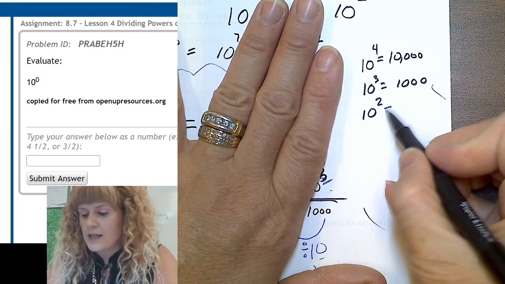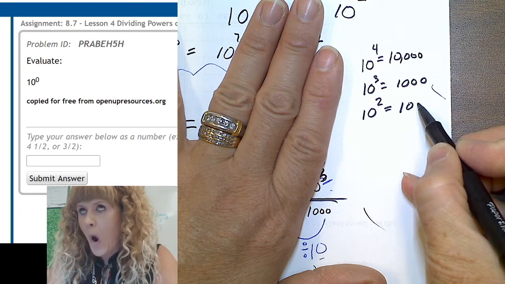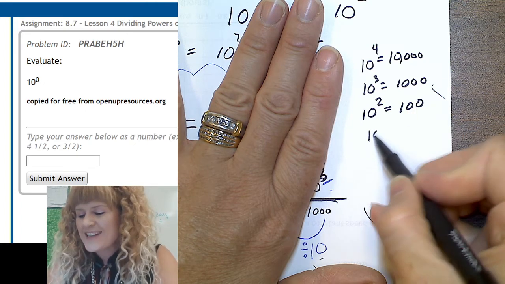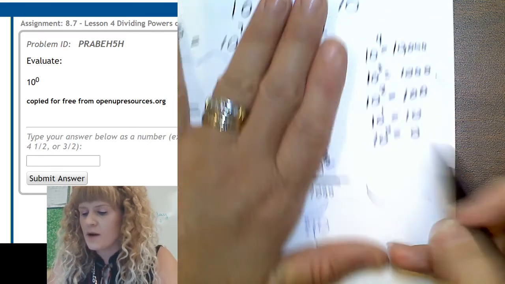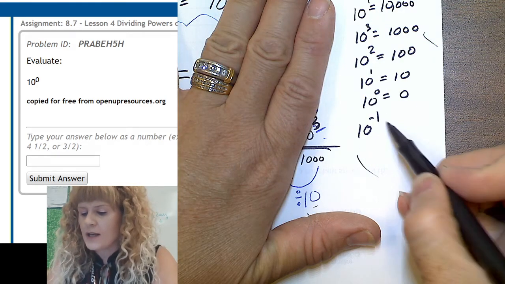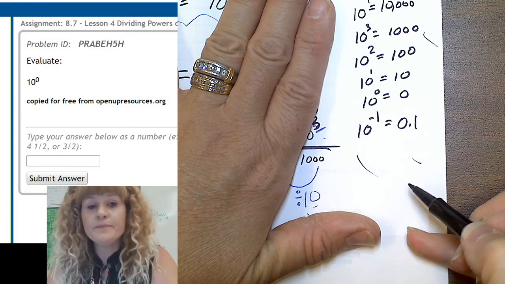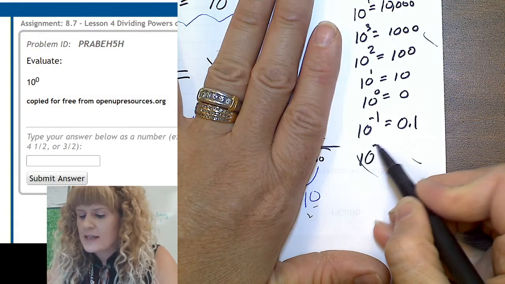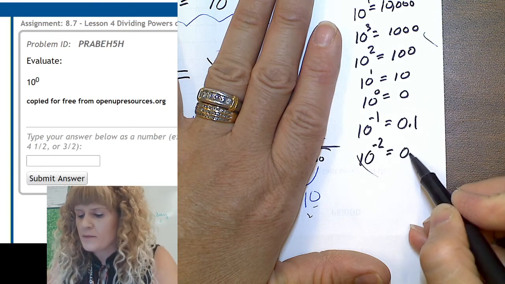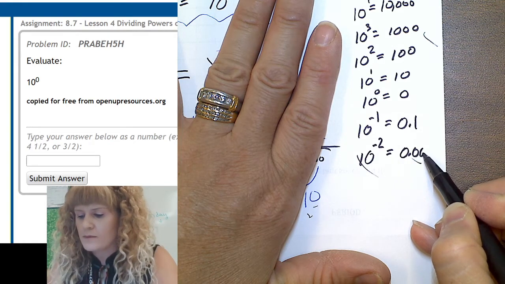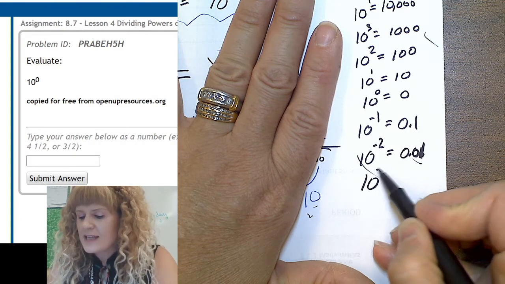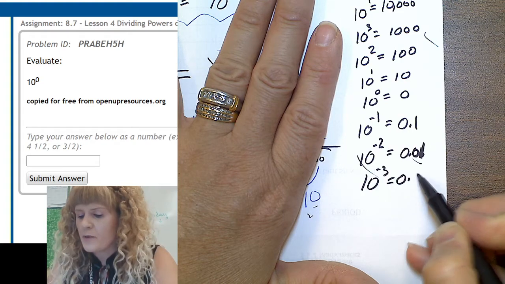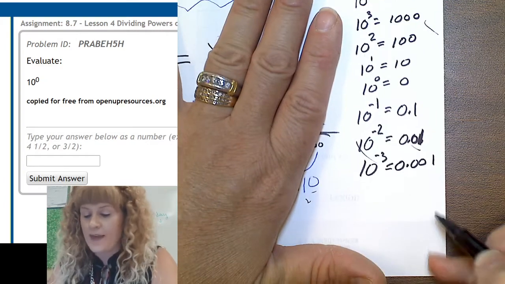You need to know that 10 squared equals 100, and 10 to the 1st equals 10, 10 to the 0th equals 1, 10 to the -1 equals 0.1, 10 to the -2 equals 0.01, which is 100th. 10 to the -3 equals 0.001, which is 1,000th.